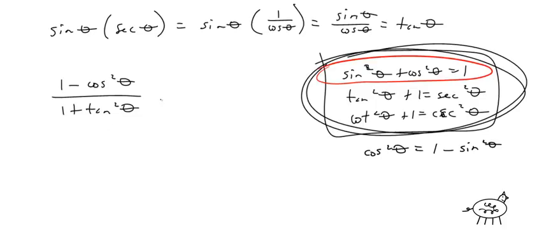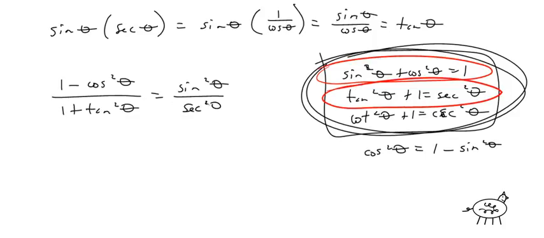Okay, so I can rewrite that as sine squared of theta. And 1 plus tangent squared, well, that's given. That's this guy right here. And so that's just secant squared of theta. Now what do we do? Sines and cosines. That's what you got to do. So we're going to do sine squared of theta over 1 over cosine squared of theta.